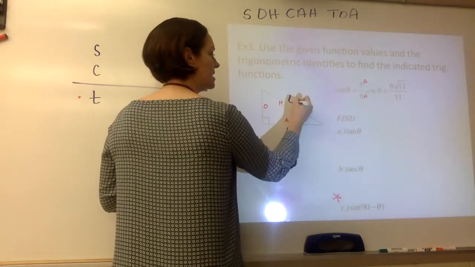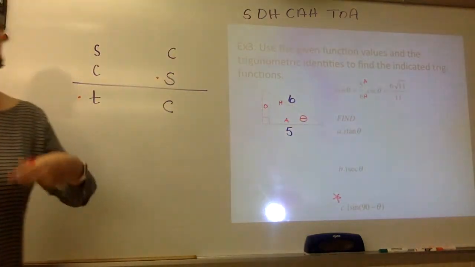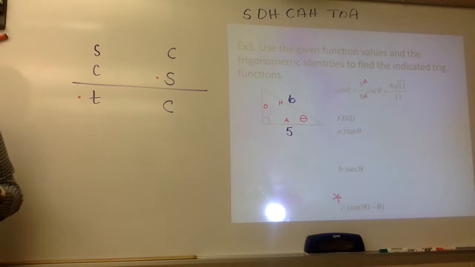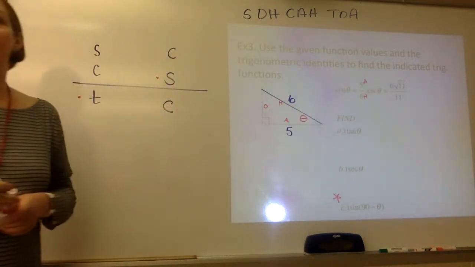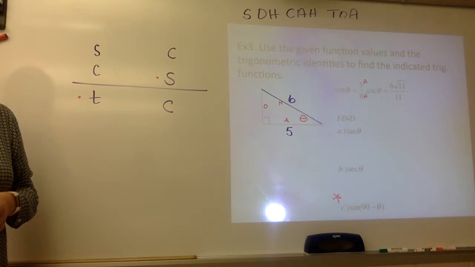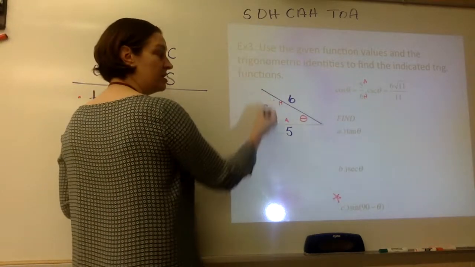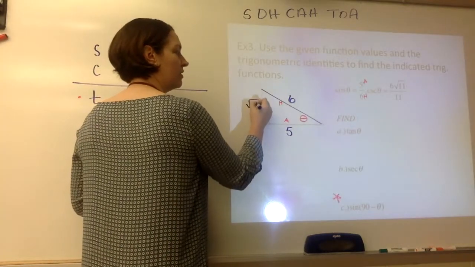My hypotenuse is 6. How am I going to find the third side? Use the Pythagorean theorem. So I'm going to take 36 minus 25 and get what? 36 minus 25, mental math? 11, but I want 11 is equal to this side squared, so it is the square root of 11.